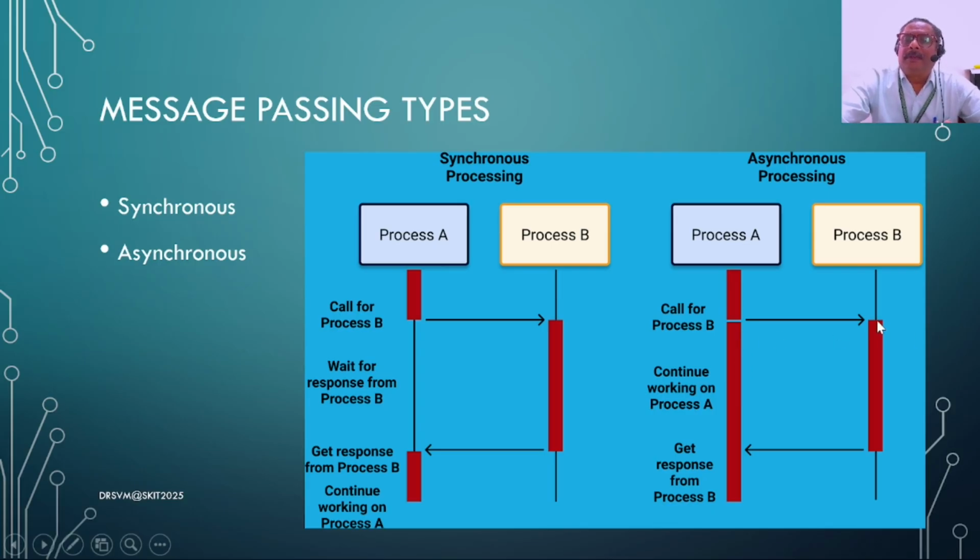Process B may be busy with something else, and when it notices that it has received the message, it will respond back to process A that it has received the message. Like we get a green tick on a WhatsApp message which indicates that our message is read by the receiver. So that's about the message passing.